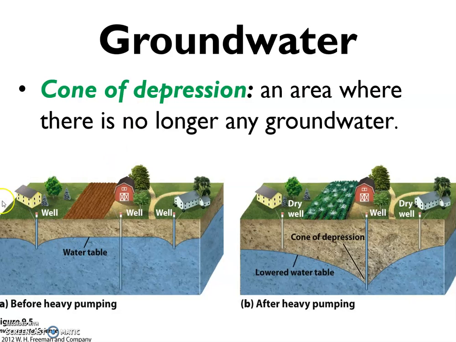So first, let's take a look at the picture on the left. So you have an area of land with soil underneath and nothing blocking the water from recharging. So the rain has come down, or the snowmelt has come down and displaced the air pockets in the soil here.